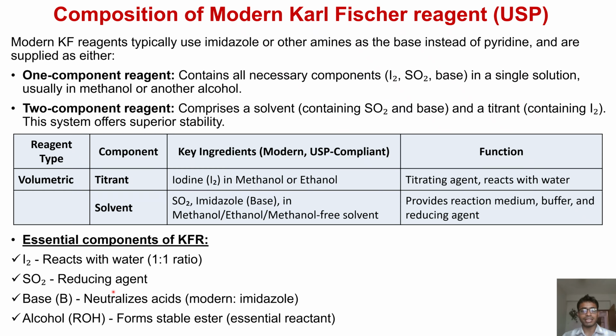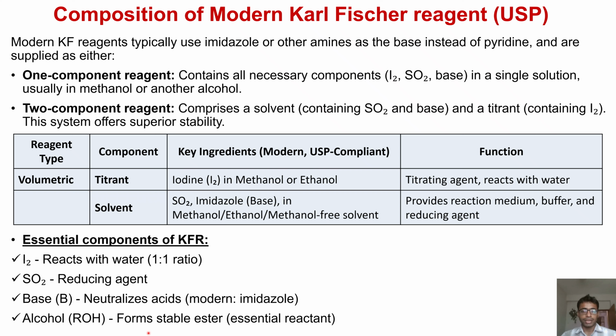Then the base neutralizes the acid. Where does the acid come from? Acid usually comes from the sulfur dioxide, because water and sulfur dioxide will react with each other to produce H2SO4, sulfuric acid. So overall our solution would be acidic. To neutralize the acid, we use a base, for example imidazole, a nitrogen containing base.